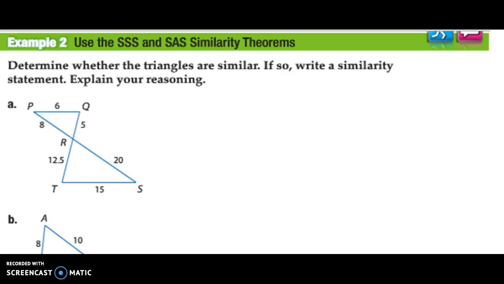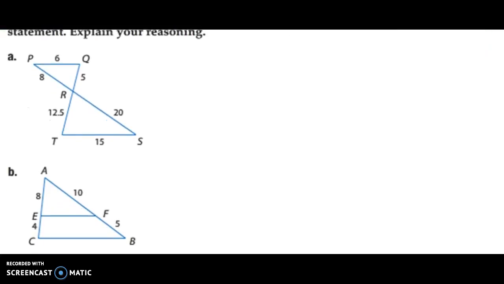Let's see these in an example. It says determine whether the triangles are similar. If so, write a similarity statement and explain your reason. So if I look right here, I'm looking at my two triangles. Just like in example 1, we know that angle R is going to be congruent, both of them, because it is vertical. Then we can say RP would have to be proportional to RS.